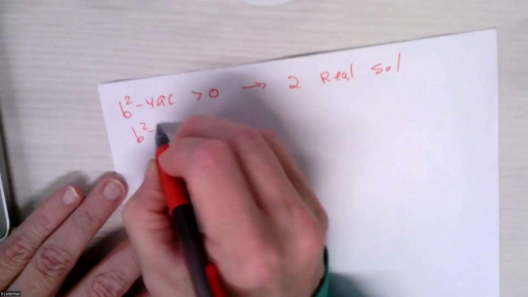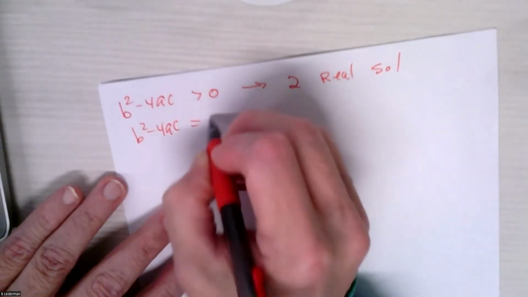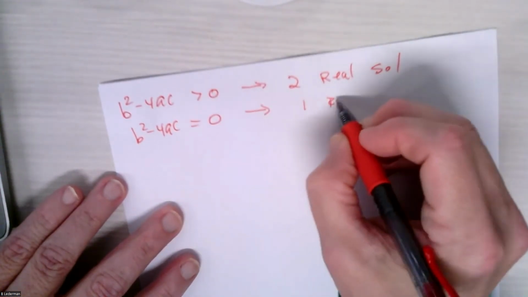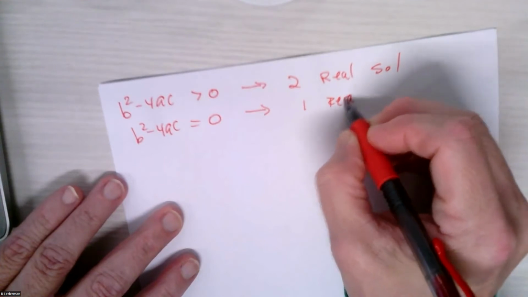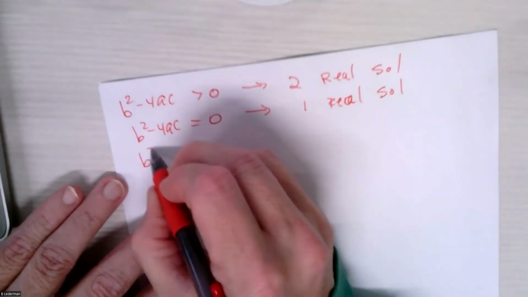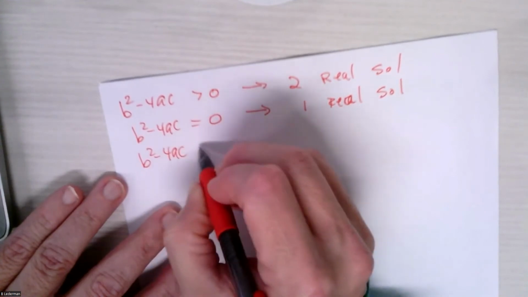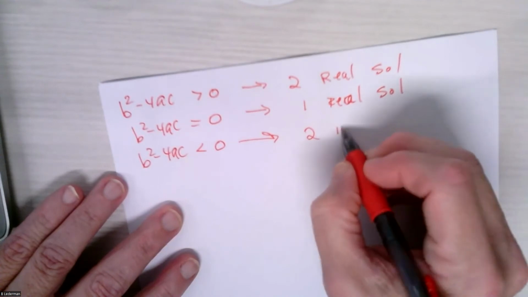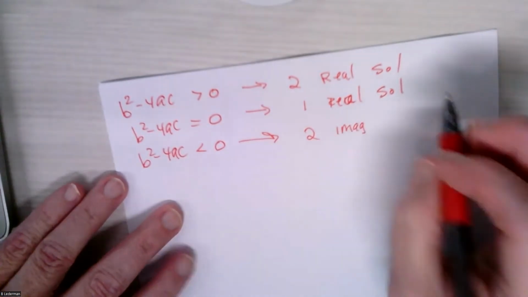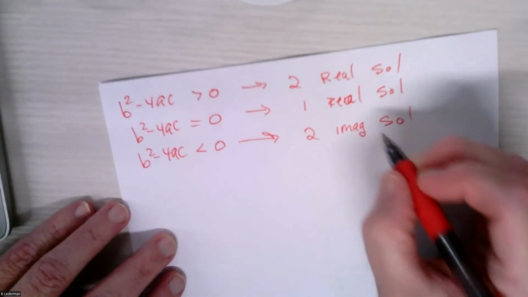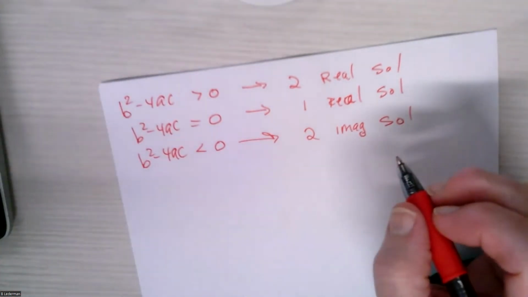If b squared minus 4ac equals 0, then you have one real solution. If b squared minus 4ac is less than 0, it's a negative number, then you're going to have two imaginary solutions. Or I should say complex solutions.